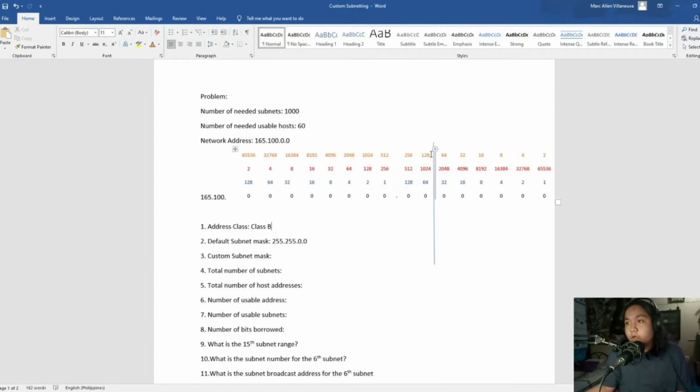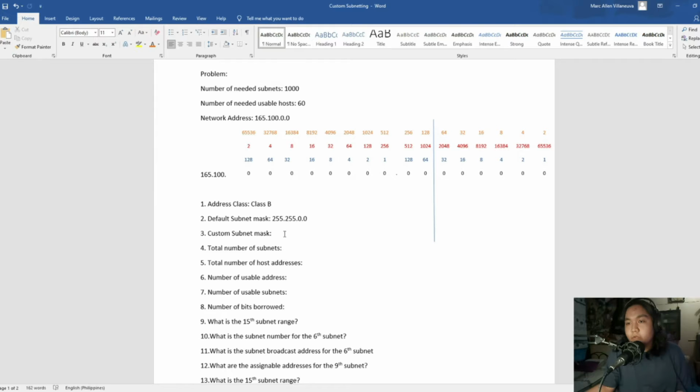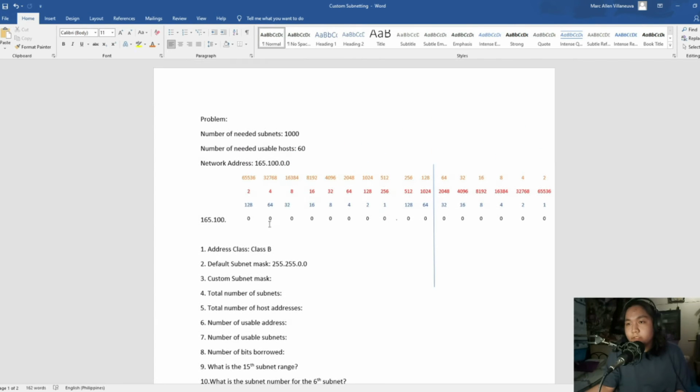Since we have our line here, that indicates that we need to stop here. To identify the custom subnet mask, as you can see, we have our first octet here. So basically we cannot combine both octets.